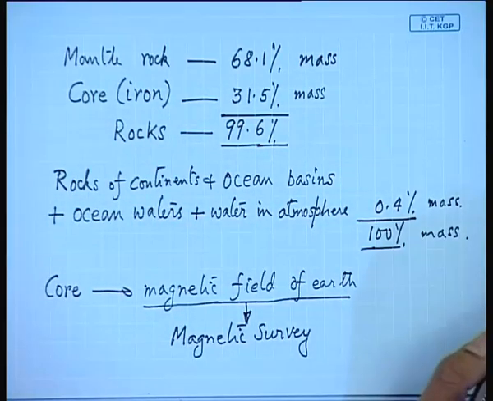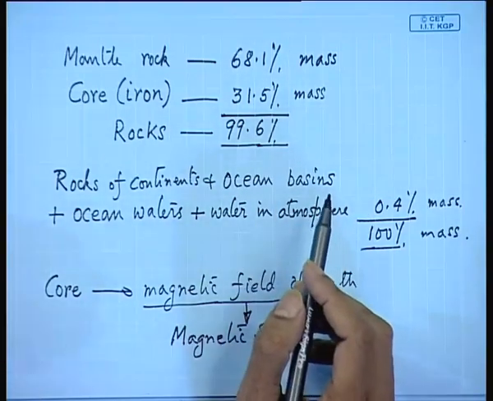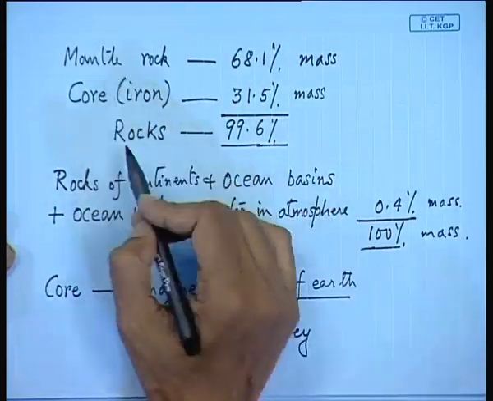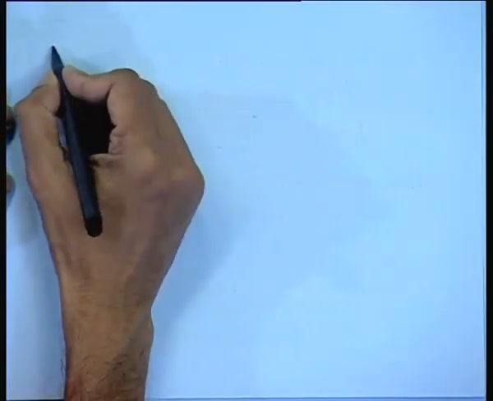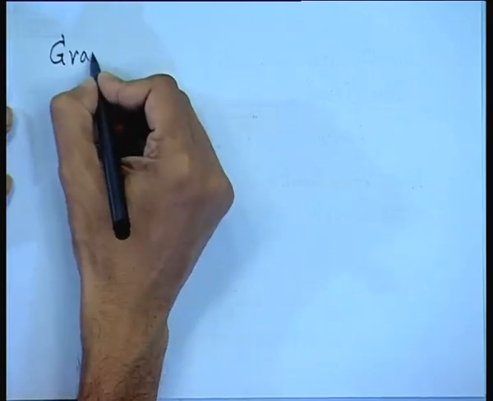And the other survey utilizes the mass of the earth, which consists of the mantle and the core rocks. So, that gives us the gravimetric field.